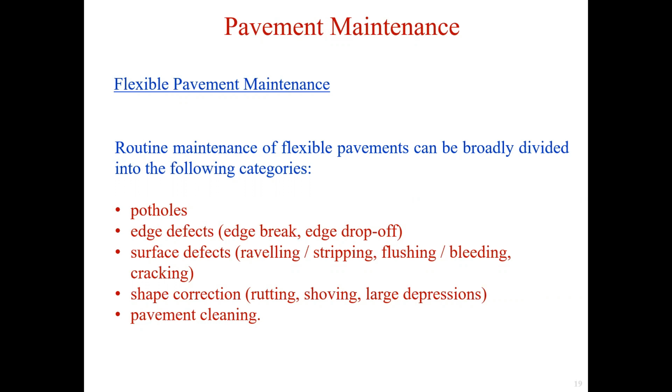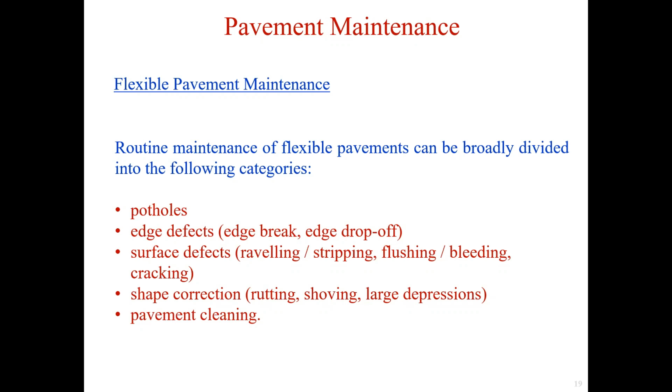The routine maintenance of flexible pavement can be broadly divided into the following categories: potholes, edge defects, surface defects, shape correction, and pavement cleaning. We will go through the details of each category in the next few slides.